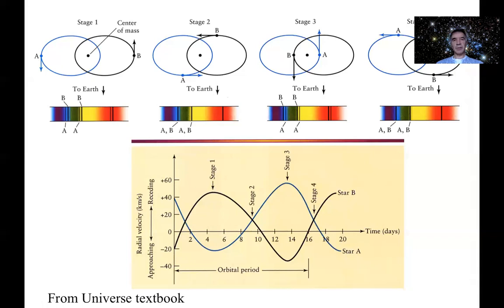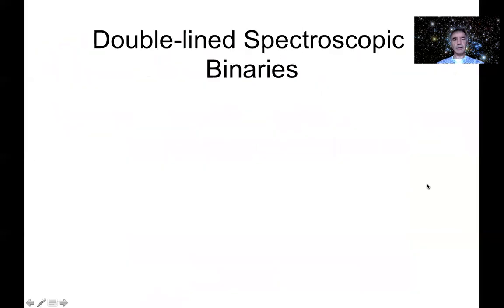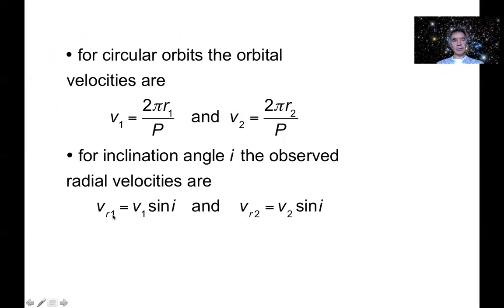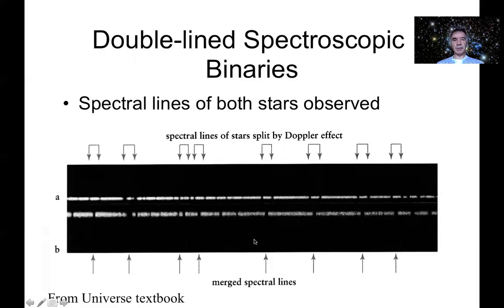I'll set you a little problem at the end to think about exactly what you measure off these curves. But when I talk about VR1, VR2 here, we're really talking about the amplitude of these radial velocity curves.